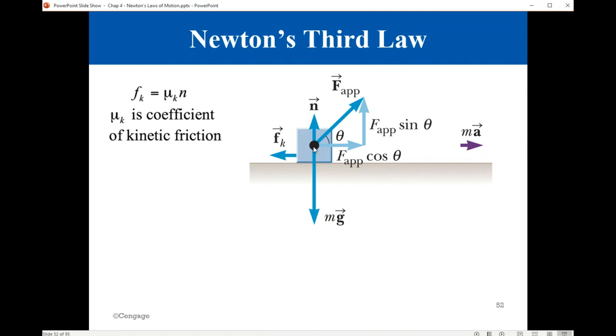At that point, this means the component of your force along the horizontal direction was greater than the force of friction. At that moment, when the force is slightly greater than the force of friction, the object will start moving, will start sliding.